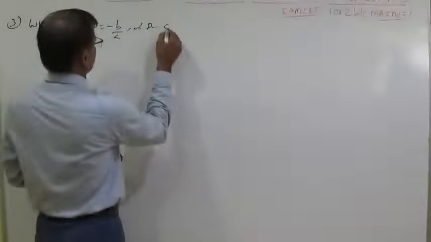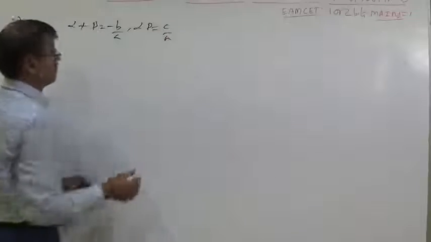We can write the formula as: we know that for the quadratic equation alpha plus beta is equal to minus b by a and alpha beta is equal to c by a.